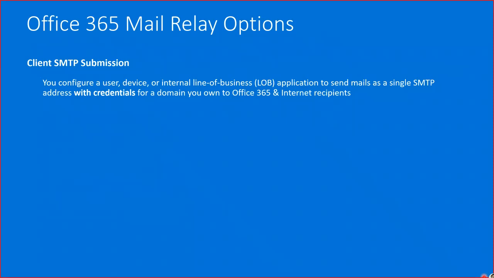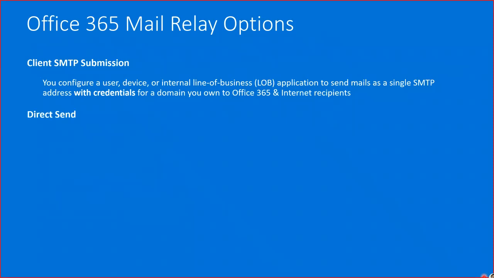So SMTP client submission is the easiest to set up, but it requires a license, and it allows you to send emails to your own cloud users as well as emails outside to external domains.